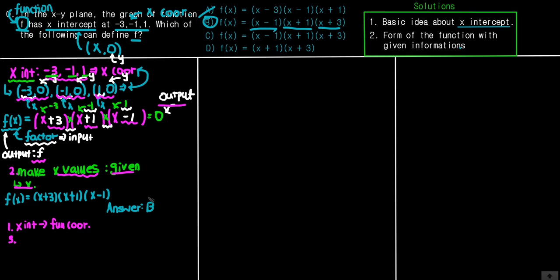And the third step is, after we figure out the function values 3, 1, and -1, which make the output of our function 0, to find the answer of our equation. And these are the steps that we did here.